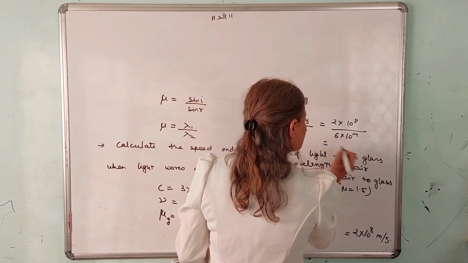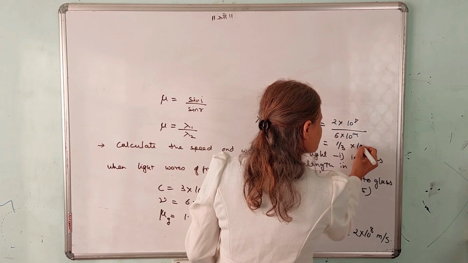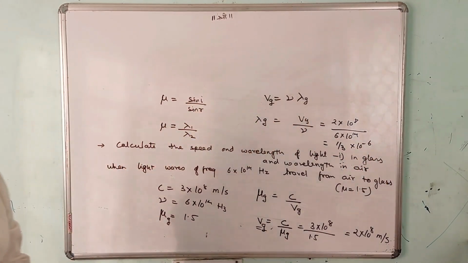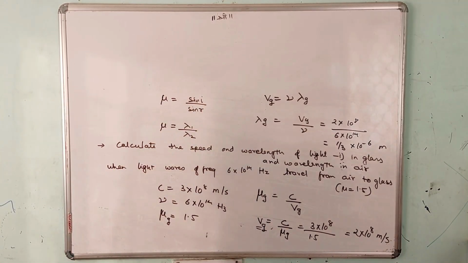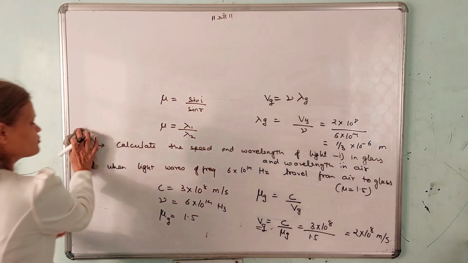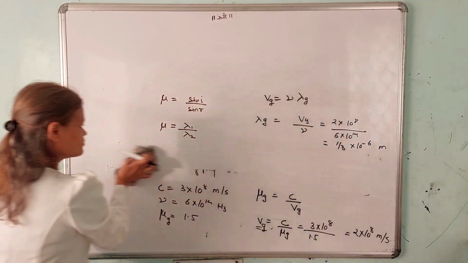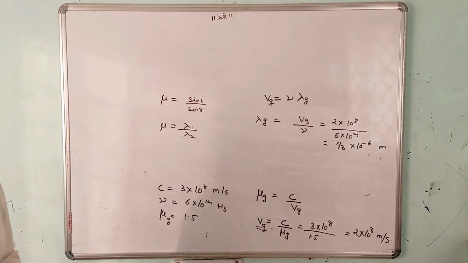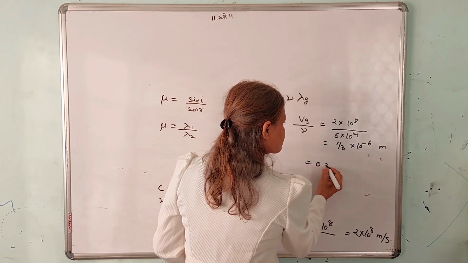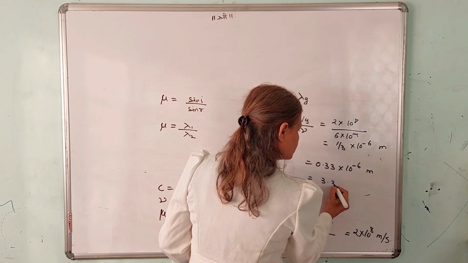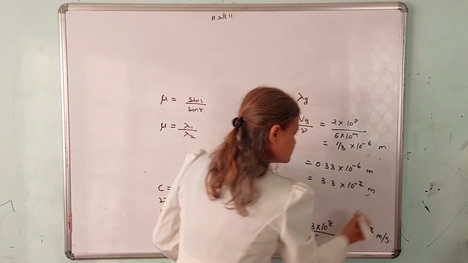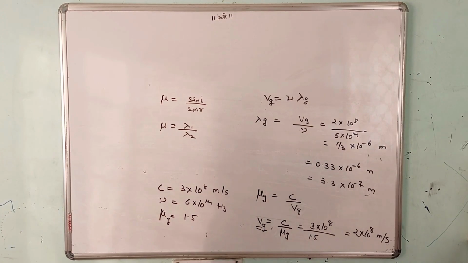So that comes to be 1 by 3 into 10 raised to minus 6, or you can calculate that as 0.33 into 10 raised to minus 6 meters. This is the wavelength in glass.